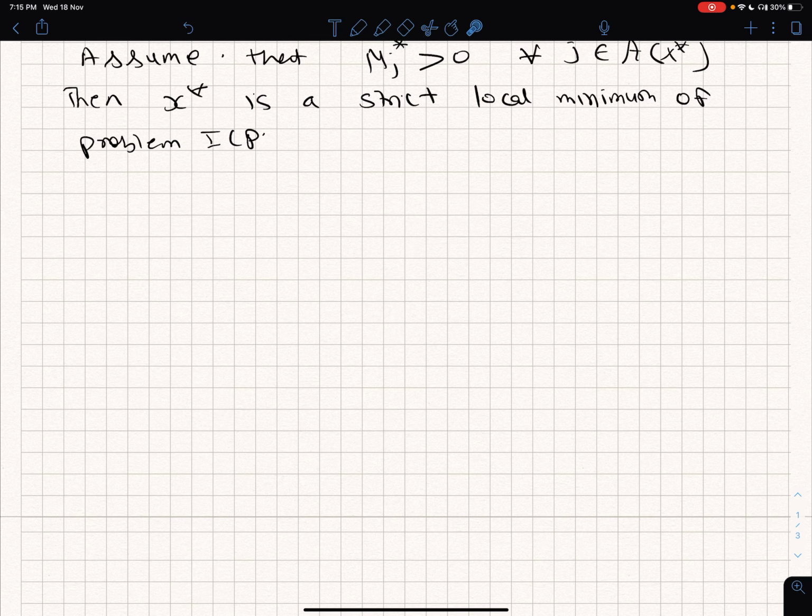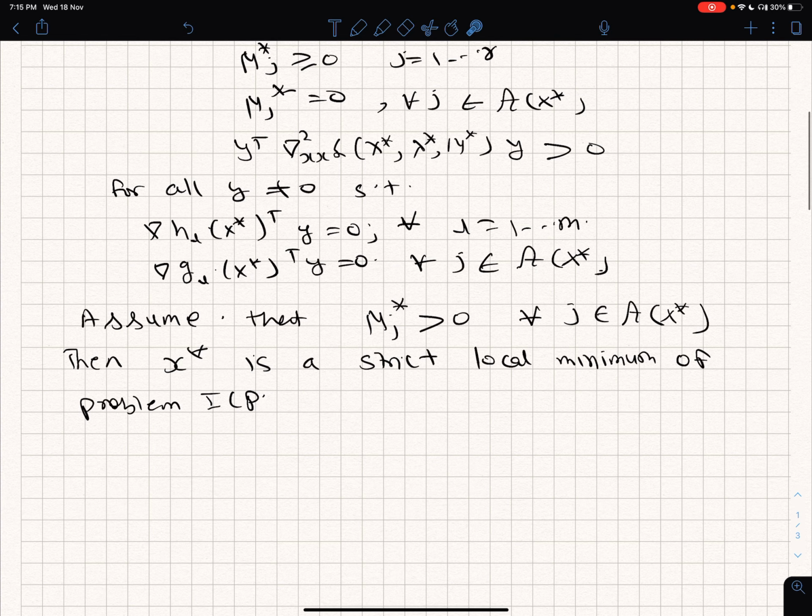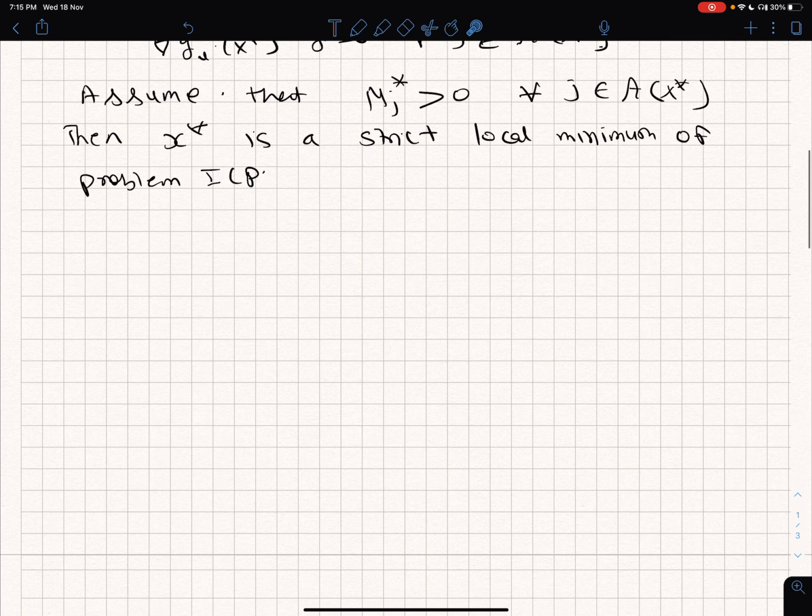To explain the importance of this point here, that mu j star should be strictly greater than 0, we will consider an example.